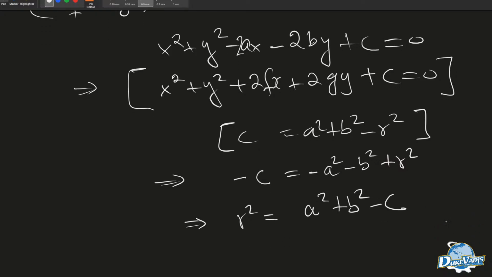And this can also help us to find the radius.